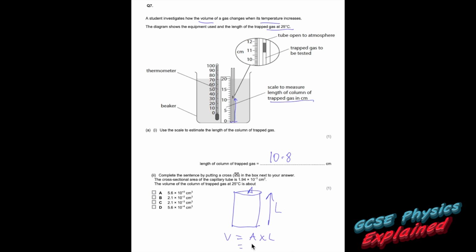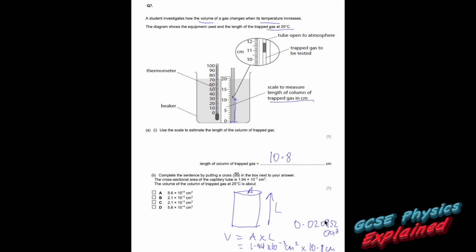So if we do 1.94 times 10 to the minus 3 centimetres squared, and we said it was 10.8 centimetres, that comes out as 0.020952, and that'll be centimetres cubed, because it's centimetres squared times by another centimetres, which gives us the cubed.